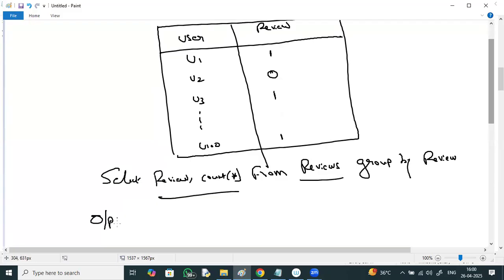So the output review-wise means 1 and 0. 90 people are saying it is good, 10 people are saying it is bad.